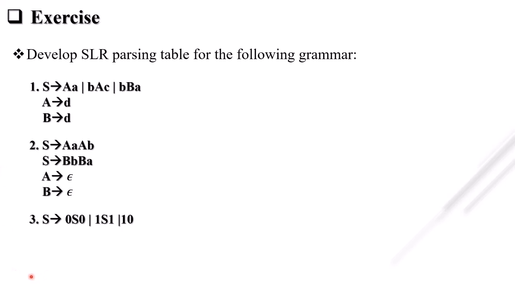When you write an augmented grammar, it is very simple. You simply write S dash tends to S. But when you find I0, first, as in the previous example, S dash tends to dot S. So dot S is here, that's why I write the production of S. What is the production of S?